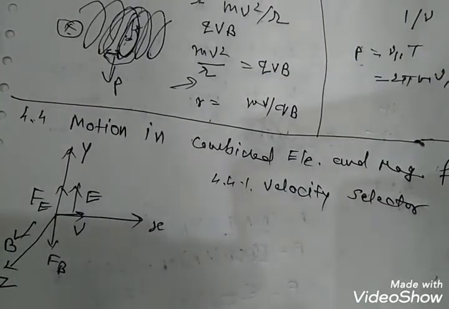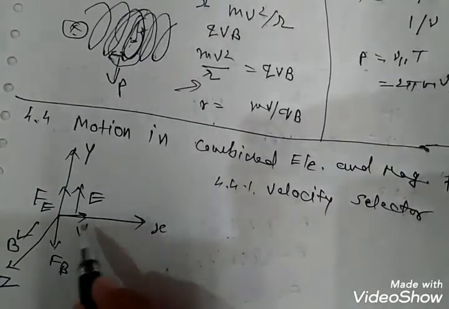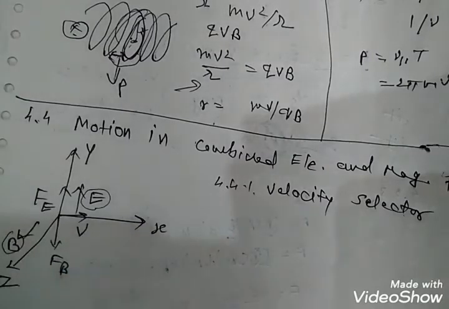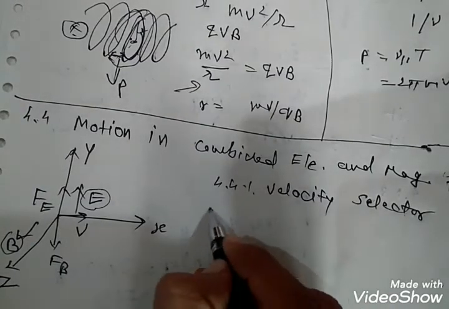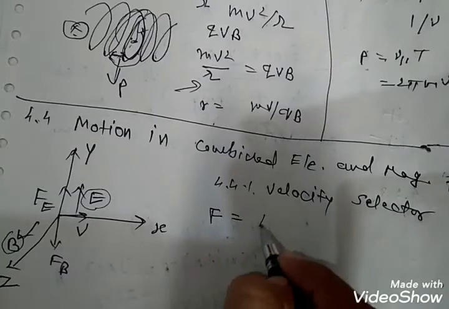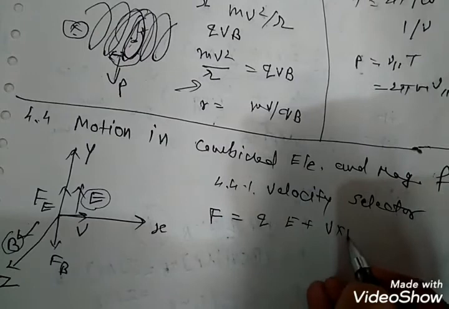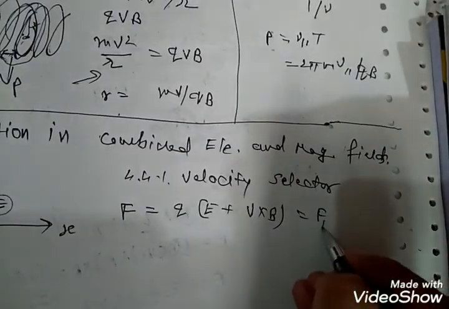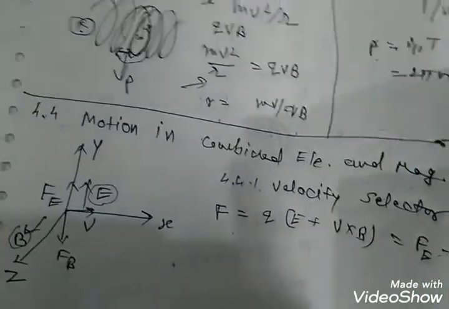You know that a charge q moving with a velocity v in the presence of both electric field and magnetic field experiences a force given by the Lorentz equation, F is equal to q times E plus v cross B, the electric field portion plus the magnetic field portion.